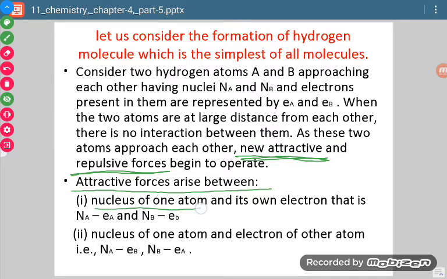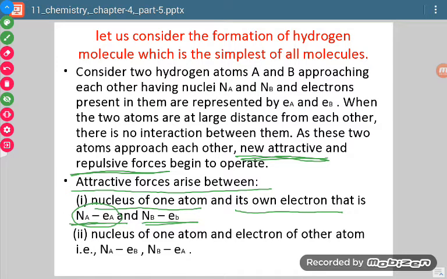The nucleus of one atom and its own electron, that is Na Ea and Nb Eb. These are old attractive forces, because when atom A was there, the nucleus was there and the electron was also there.